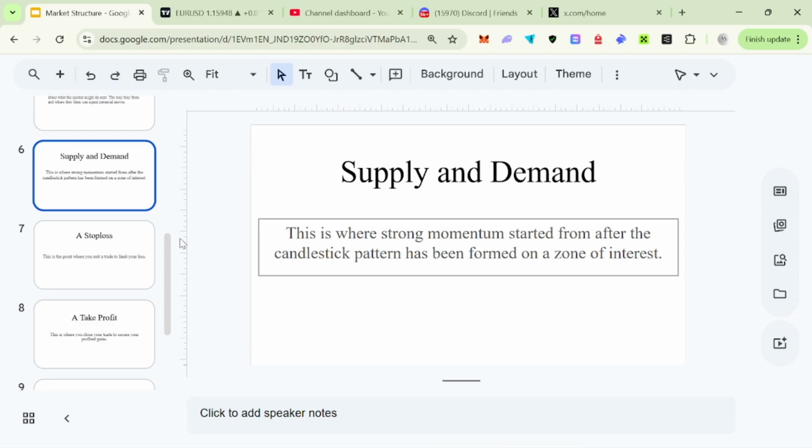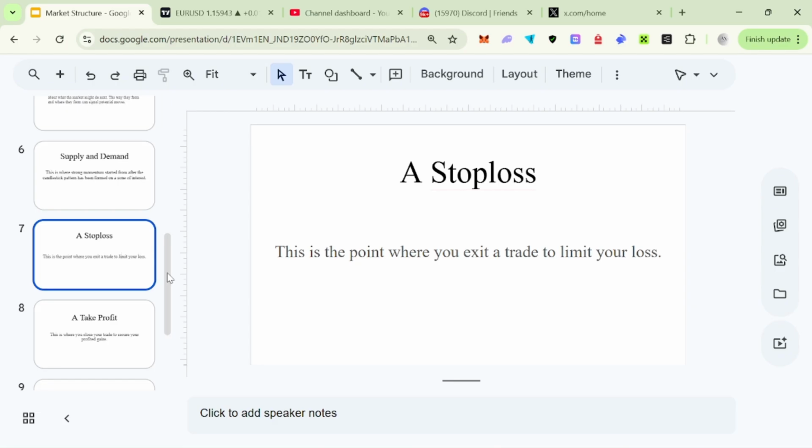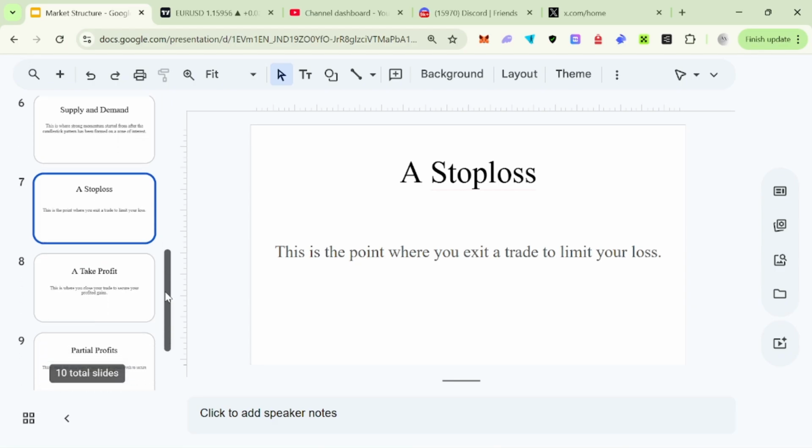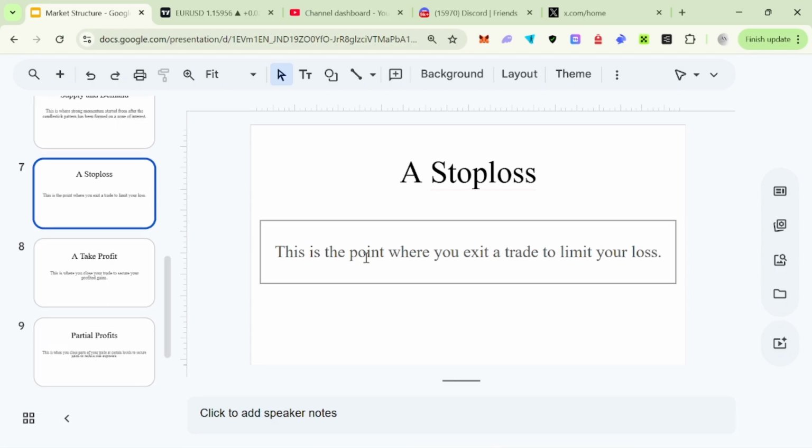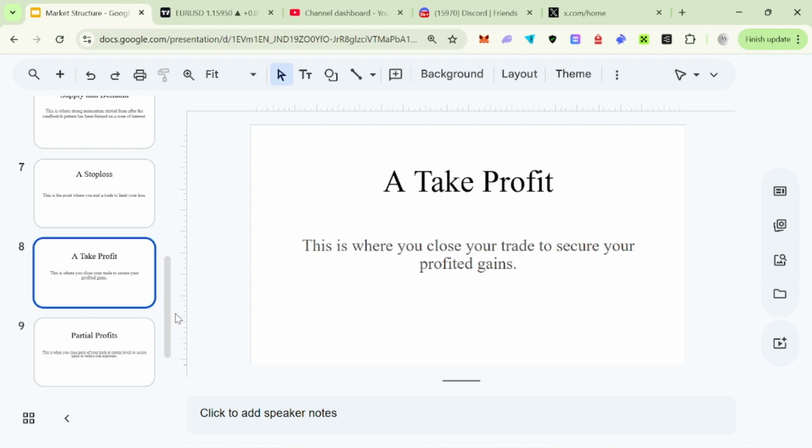So we also talked about how, after getting in with a candlestick pattern and supply and demand, as the case may be, you have to have a stop loss, which is the point where you exit a trade to limit your loss and make sure you are not losing too much. We also have a take profit, which is where you close your trade to secure your profited gains.